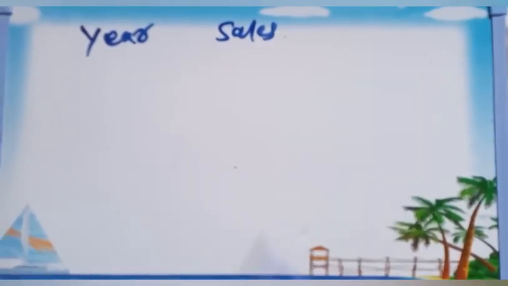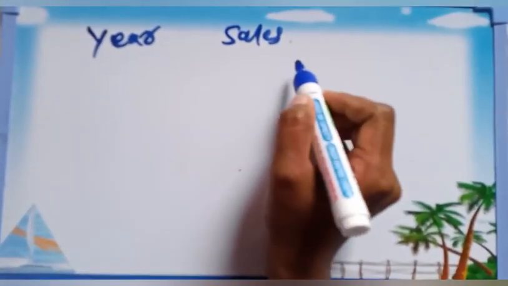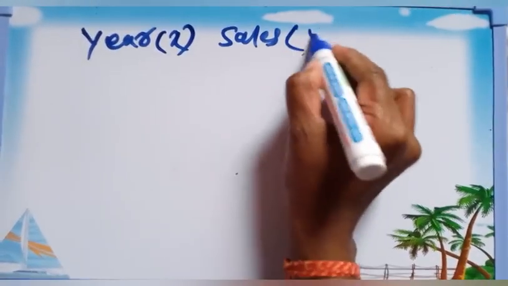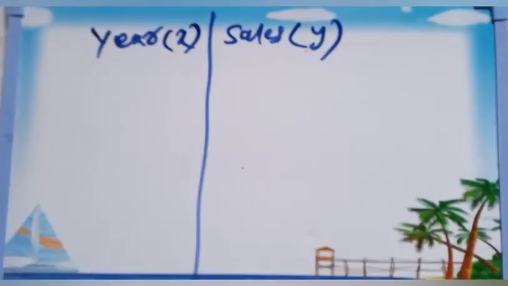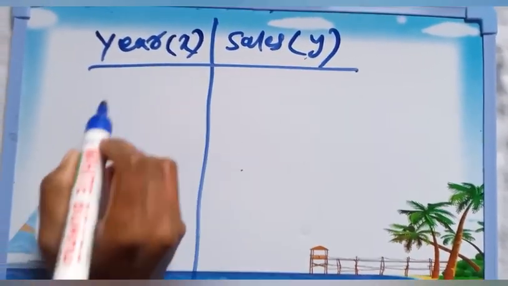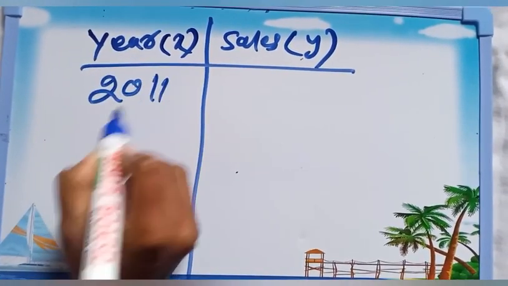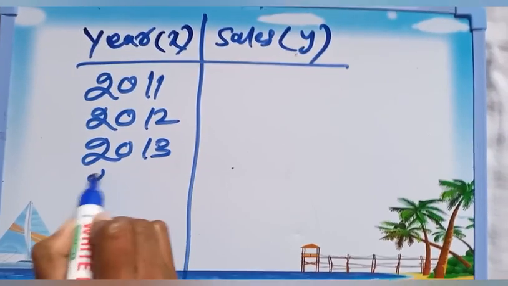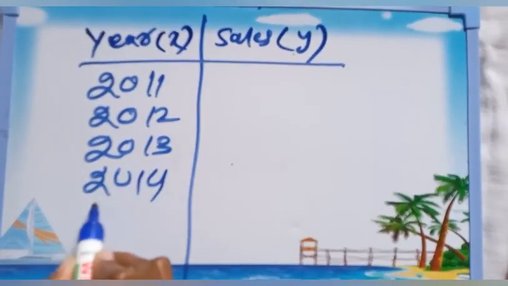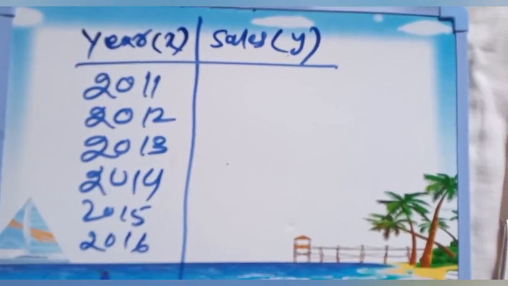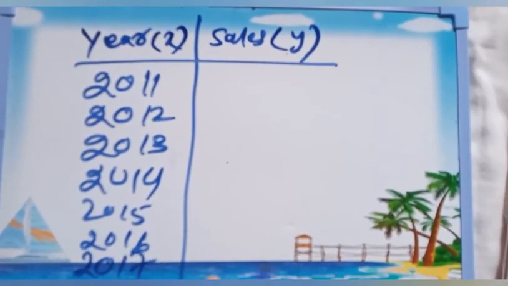The question gives year and sales. In year we take x and sales we take y. Then we have to make two columns. Under x, whatever years there were: 2011, 2012, 2013, 2014, 2015, 2016 and 2017.